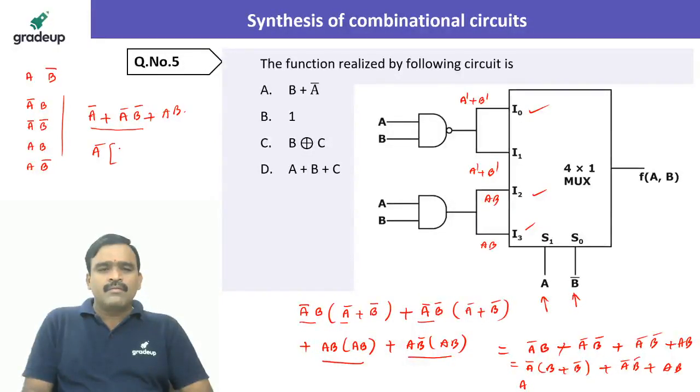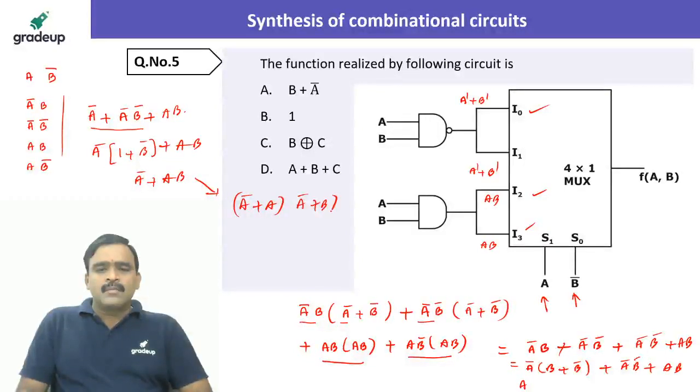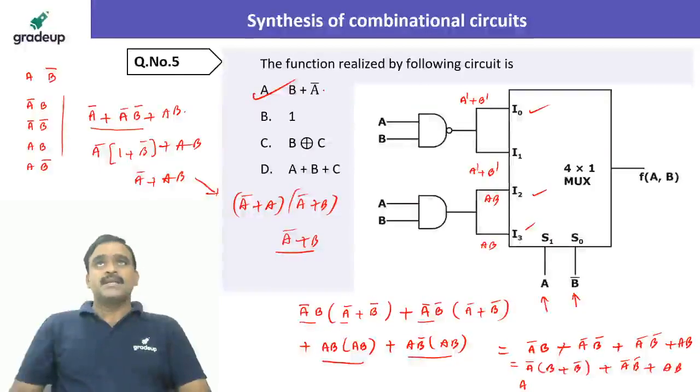So A bar of 1 plus B bar plus AB. 1 plus B bar becomes 1. So it can be written as A bar plus AB. A bar plus AB further can be written as A bar plus A into A bar plus B. A bar plus A becomes 1. So finally you will get A bar plus B. That's all. A bar plus B or B plus A bar, both are the same. So option A is the right option.